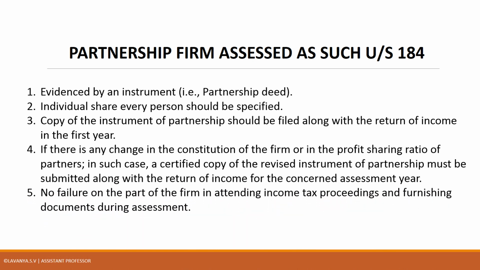Fifth point is there should not be any failure on the part of the firm in attending income tax proceedings and furnishing documents during assessment. That means to say, if there is any failure on the part of the firm to comply with the returns of income, then in such a case, no deduction by way of payment of interest, salary, bonus, commission or remuneration made by the firm to its partners shall be allowed in computing the income chargeable under the head income from business or profession.